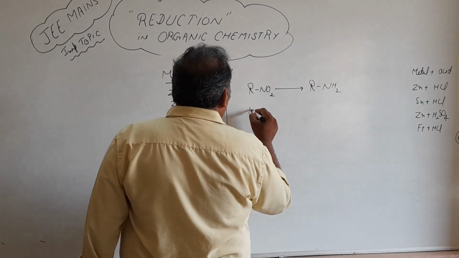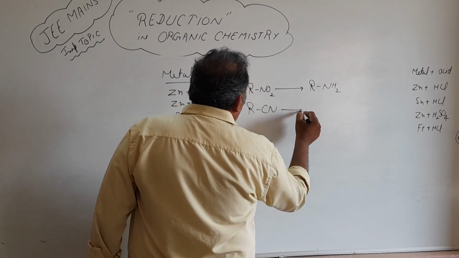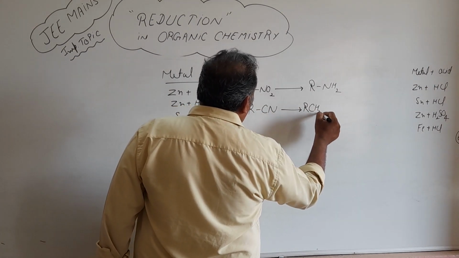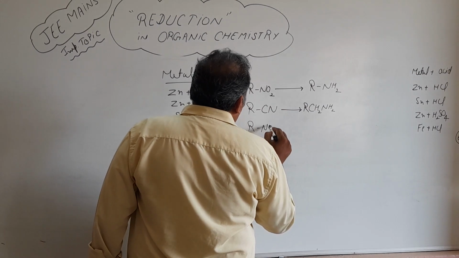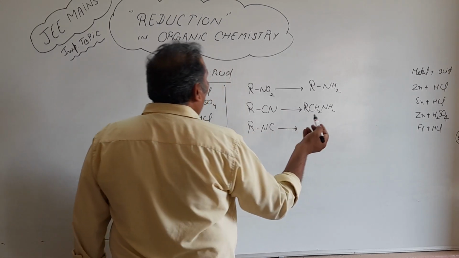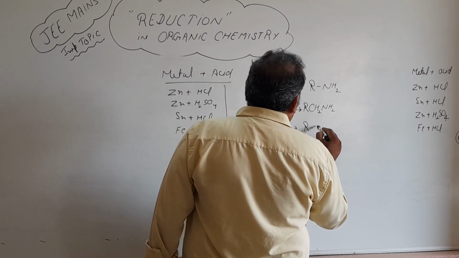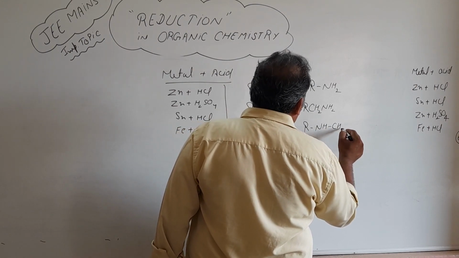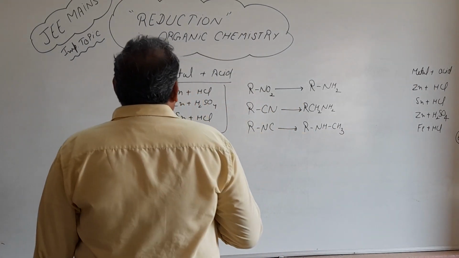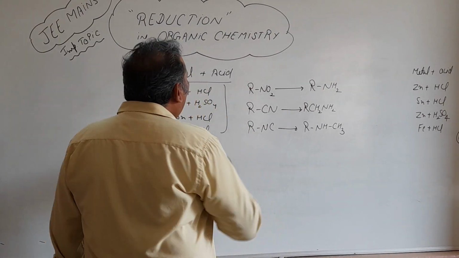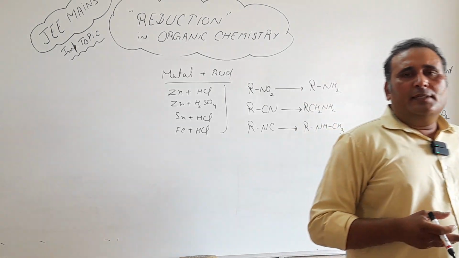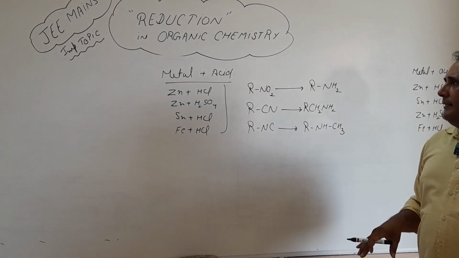Then cyanide RCN gets converted into RCH2NH2, means 1 degree amine. Then RNC isocyanide gets converted into 2 degree amine, RNHCH3. So these functional groups can be converted using these metal plus acid type reducing agents.